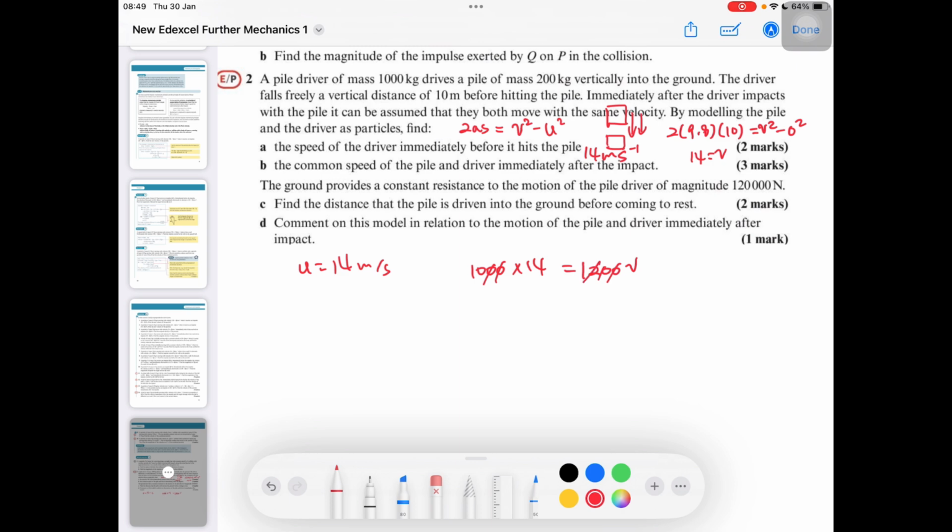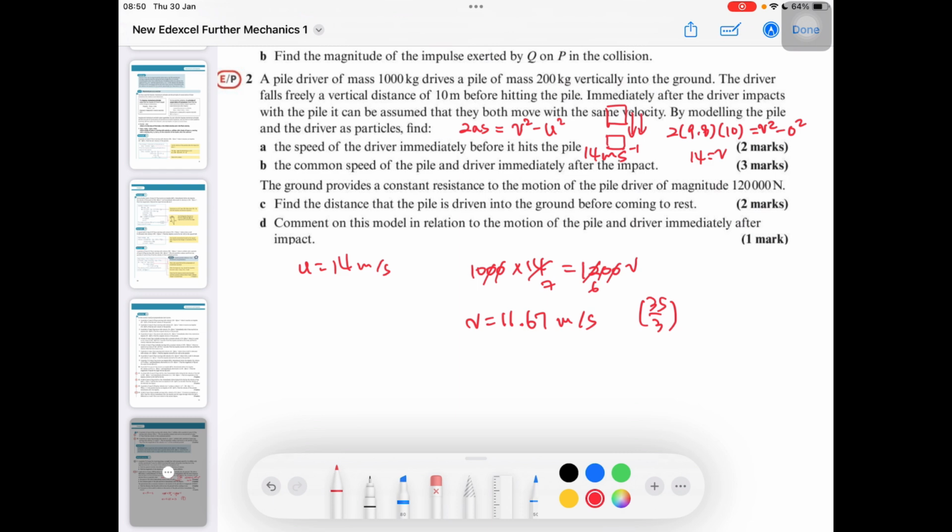So like this, 70 over 6, 11.67 meters per second. So this is 35 over 3.